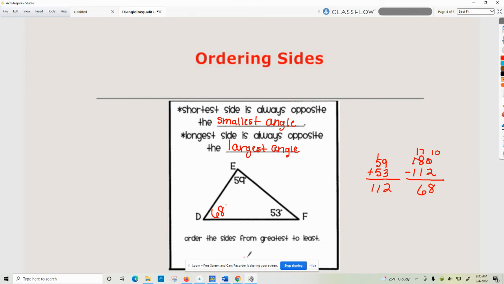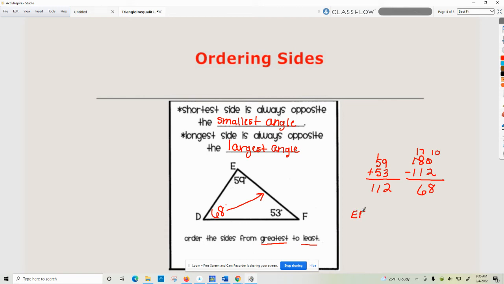Okay. Now the question is, order the sides from greatest to least. So I want the longest side first. When I do that, I go find the biggest angle, which would be my 68. Straight across, or opposite, that angle is the side EF.